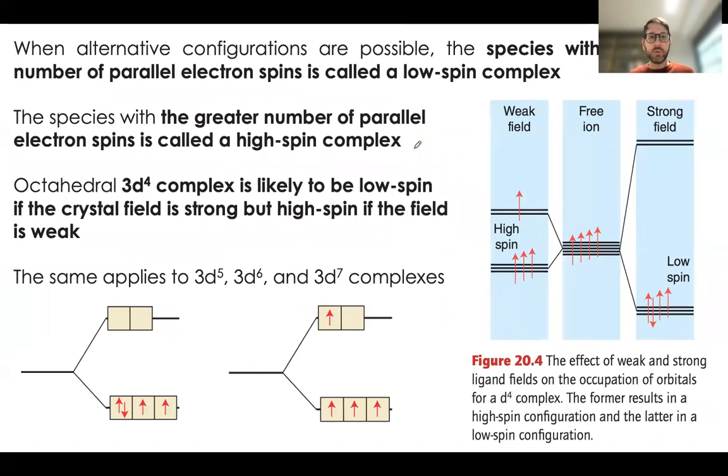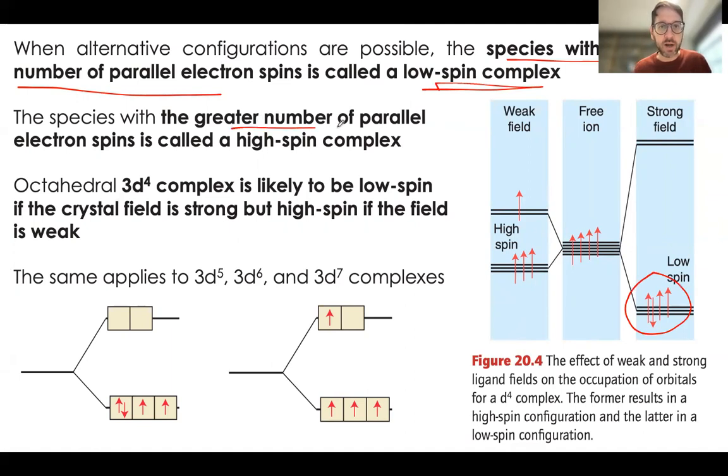So when we have these two types of configurations that are possible in the weak field and strong field case, 3d4, 3d5, 3d6, and 3d7, an important notation that you see in the literature and books is that the species with the smaller number of parallel spins is called a low spin complex. And a species with a greater number of parallel electron spins is called a high spin complex.